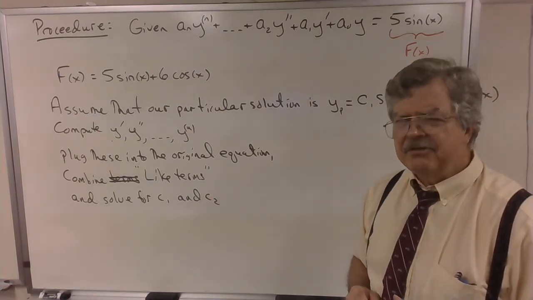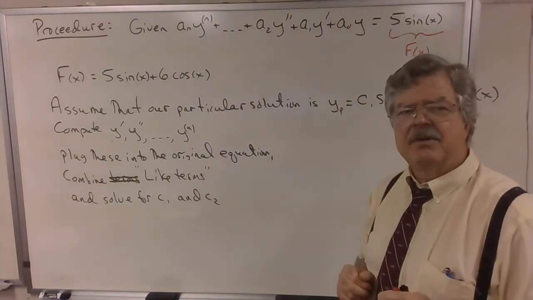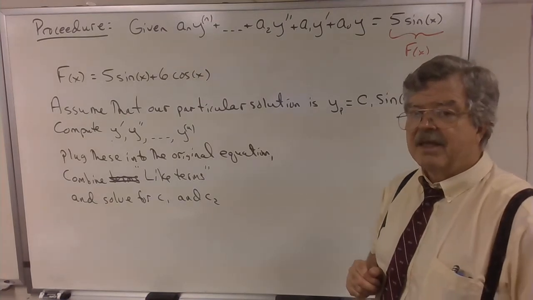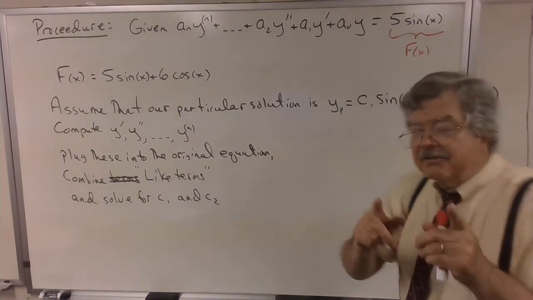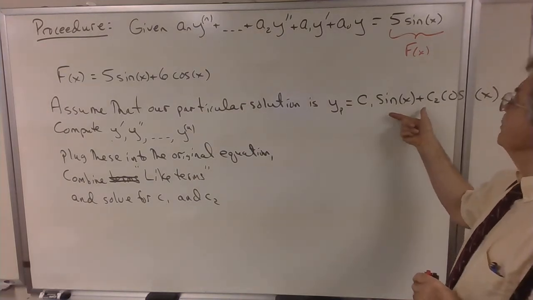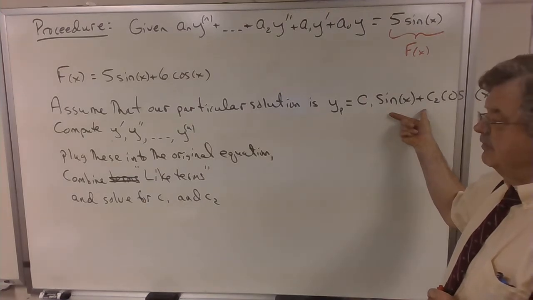Well, it is possible to get sine of x by computing the derivative of cosine of x. It is possible, isn't it? So I'm going to start out assuming that my particular solution is a linear combination of both sines and cosines.